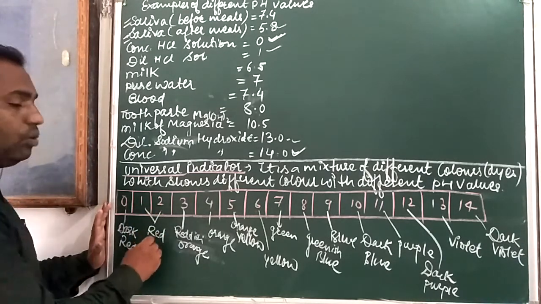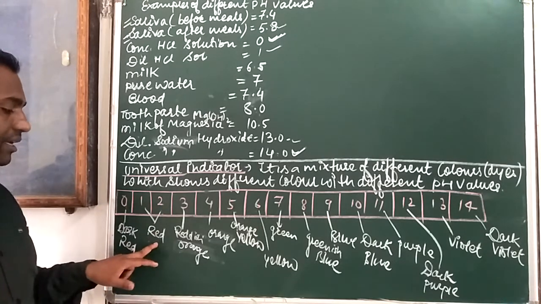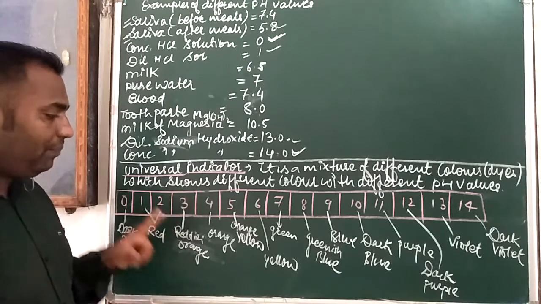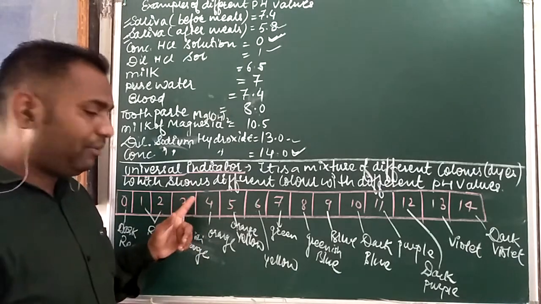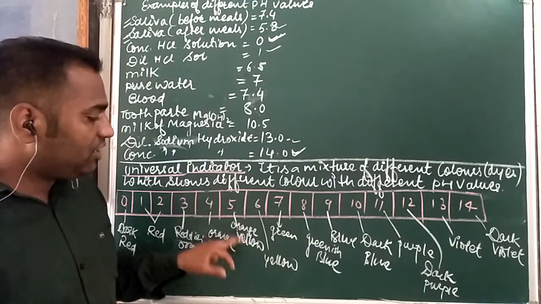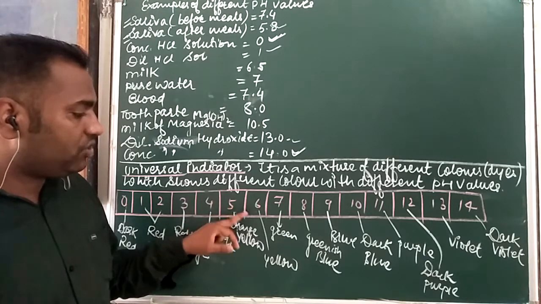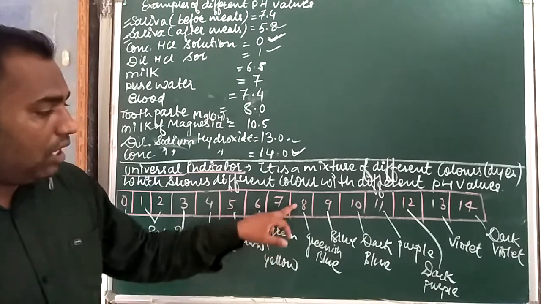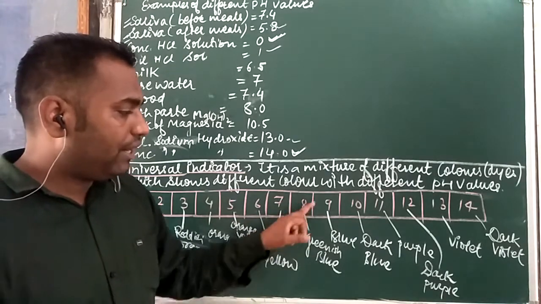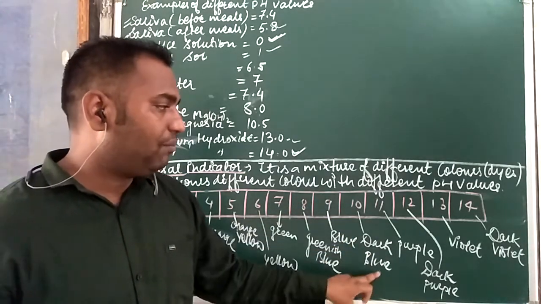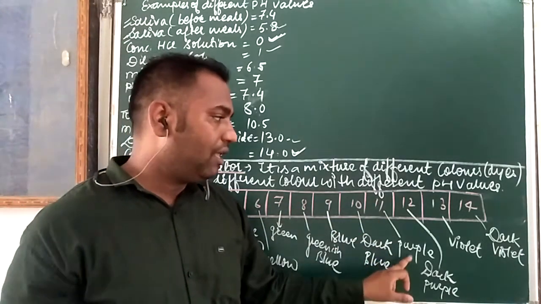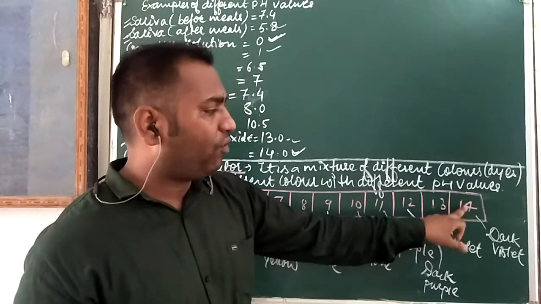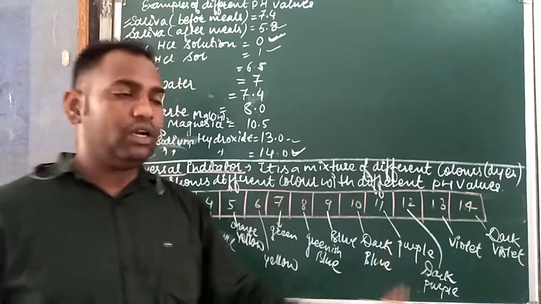And if 1 or 2 comes, then it shows the red color. Red color shows 1 or 2 pH. Reddish orange shows 3 pH. Orange color shows 4 pH. Orange yellow shows 5 pH. Yellow color shows 6 pH. 7 means green. 8 means greenish blue. 9 means blue. 10 means dark blue. 11 shows purple. 12 shows dark purple. 13 is violet, and 14 is violet or dark violet.